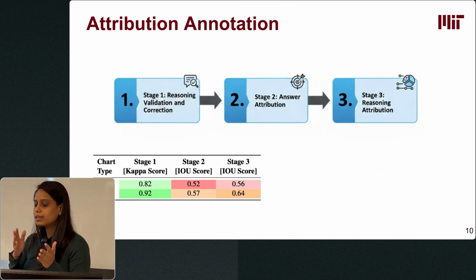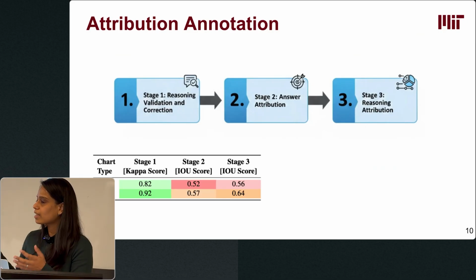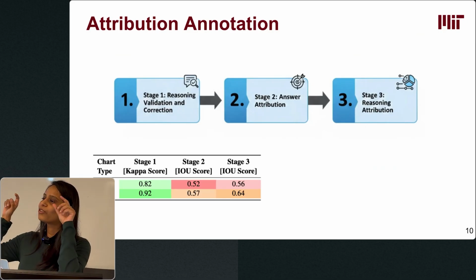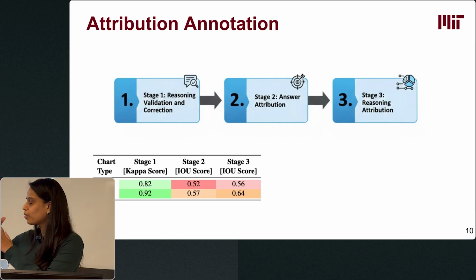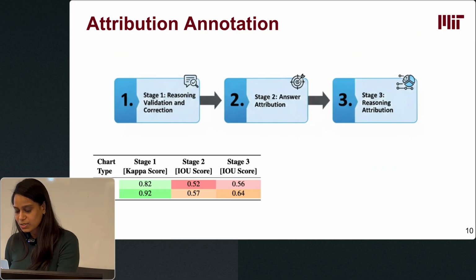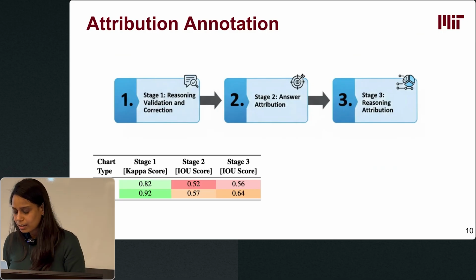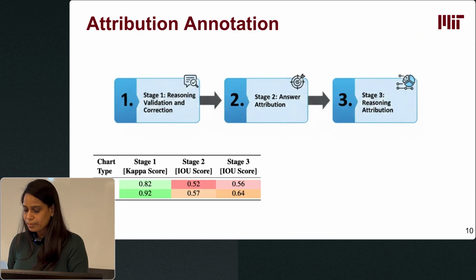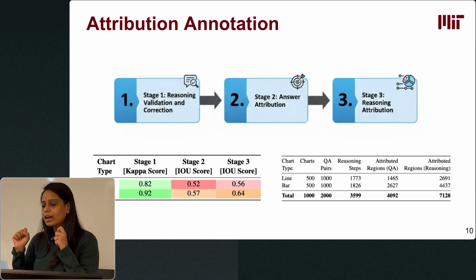But when you see stage 2, which is answer attribution, that is, as humans, how would somebody draw a bounding box representing an answer would vary a lot from what another person would think when it comes to chart question answering. So we had pretty decent IOU score, which is intersection over union score, that is collected to measure the human annotator agreement in those scores.